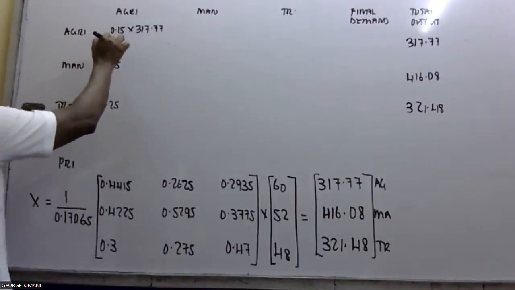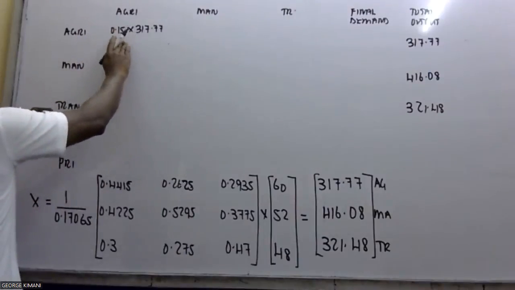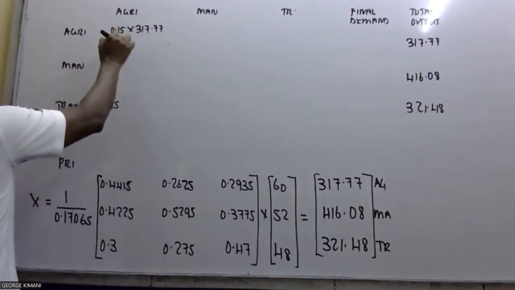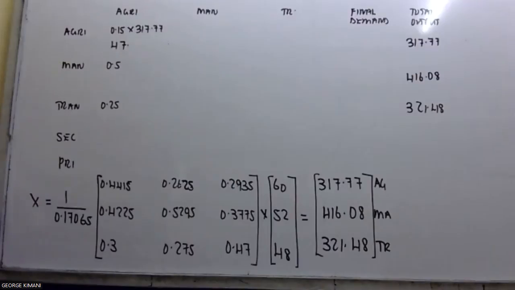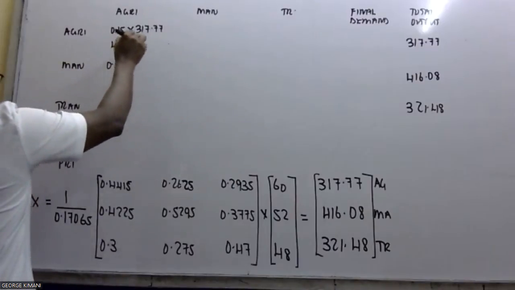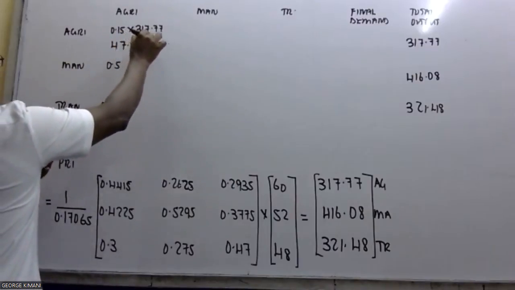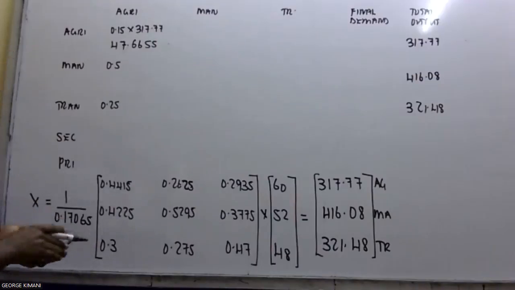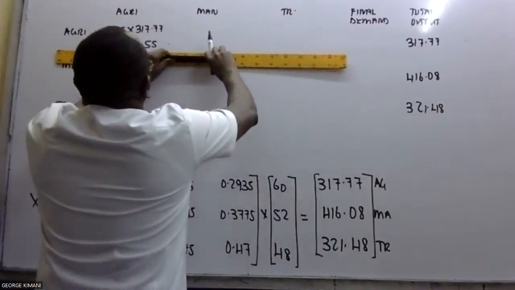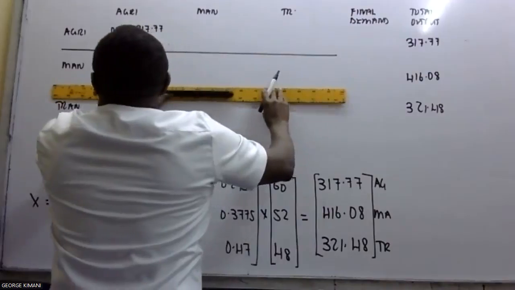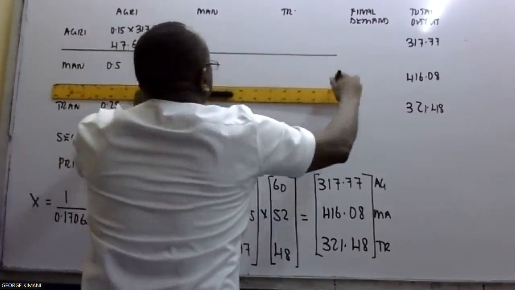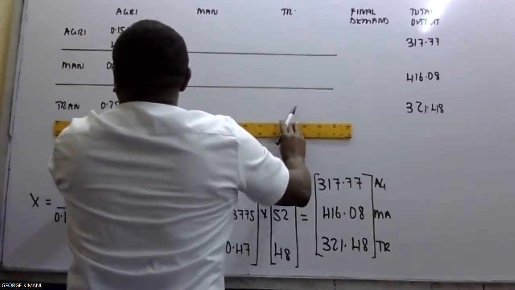I'm getting 47.6655. Yeah, I need to draw these lines quickly. There is no time actually. Try to separate them so that they are visible.